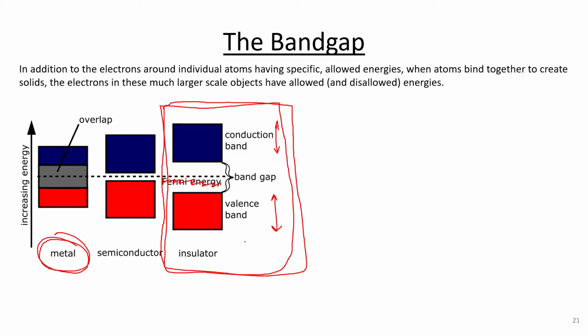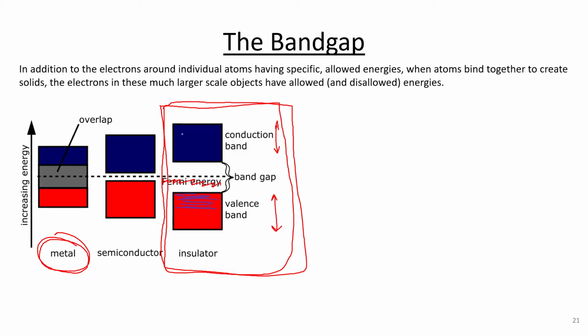But in an insulator, unless something quite unusual is happening, all of the available energy states, all packed close together in this valence band, are occupied. So you've got electrons in them because they're below the Fermi energy here.